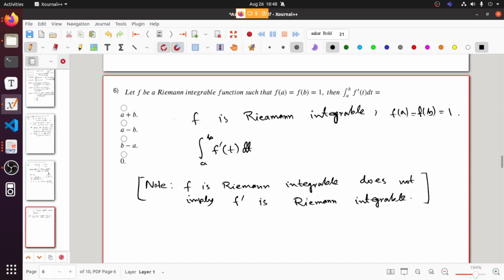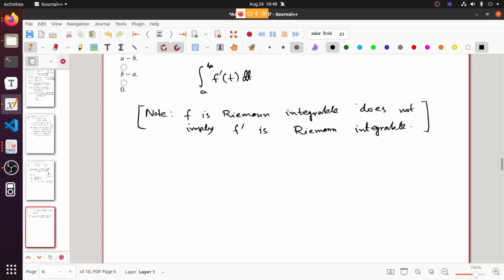You can find some example. I will give this as an exercise: find a counterexample where f is Riemann integrable and differentiable, but f' is not Riemann integrable. Okay. As they have written the integral of f', they have assumed that f' is Riemann integrable. Now you have to find this integral.